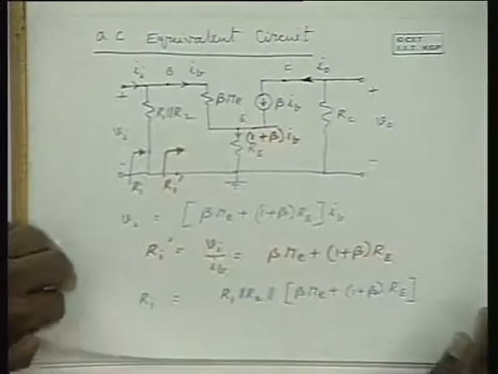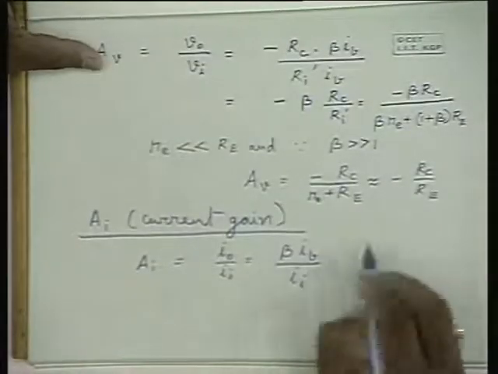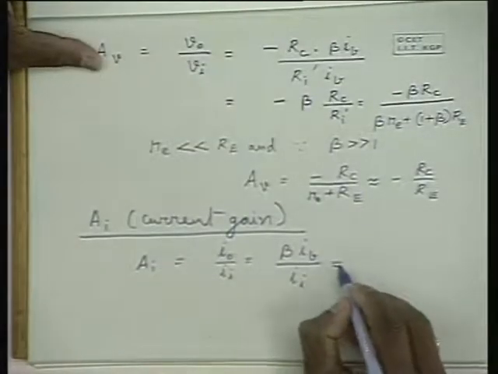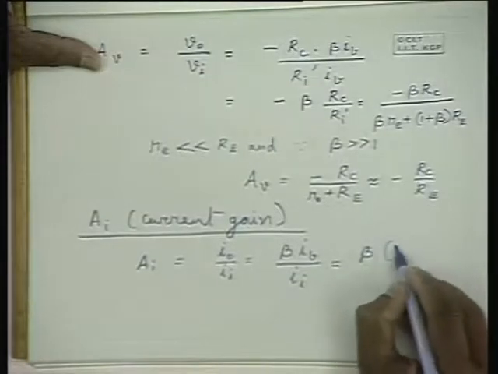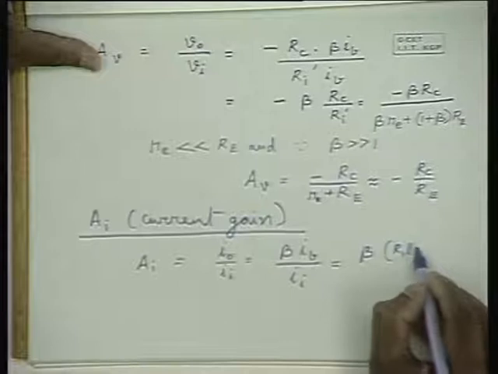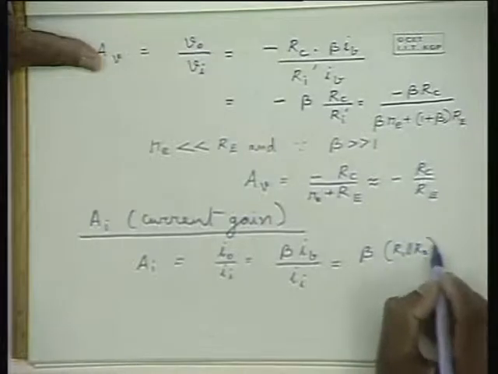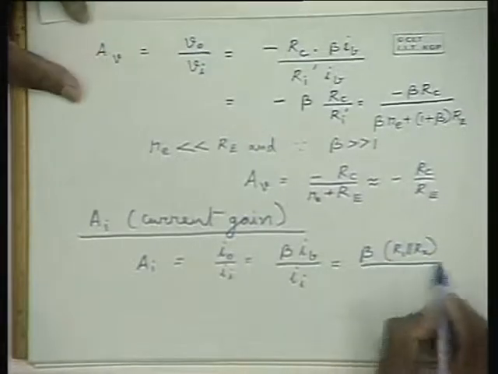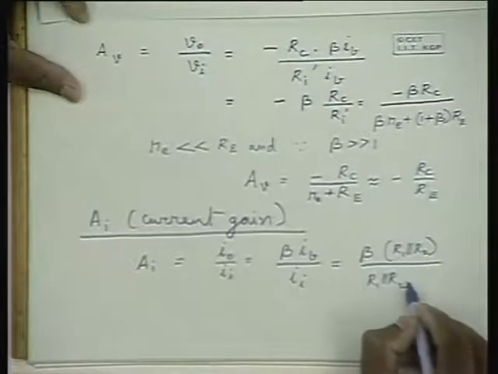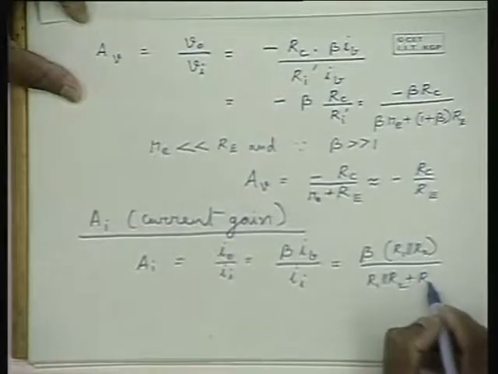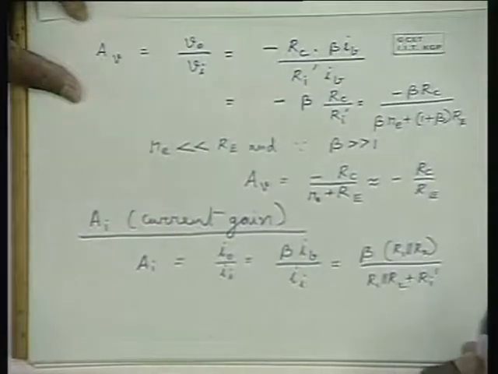Substituting that expression here, you get beta into R1 parallel R2 divided by R1 parallel R2 plus Ri dash as the expression for the current gain.